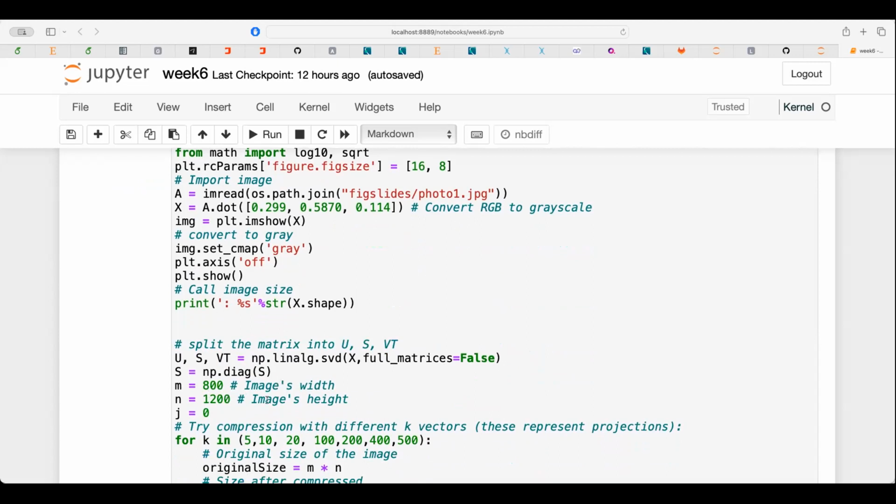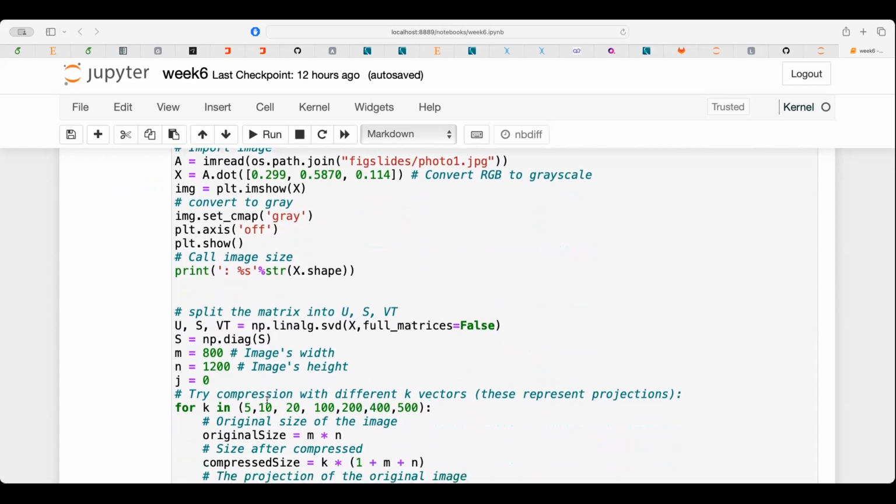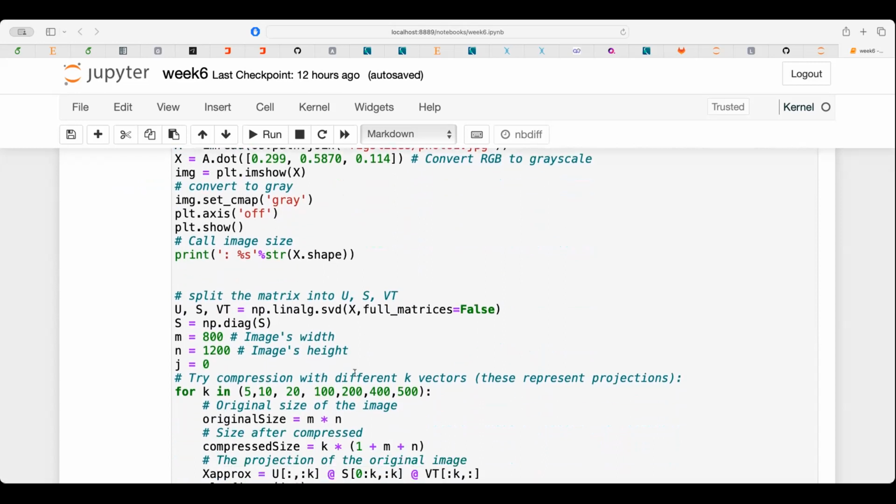That's the width and the height of the image. And then what I'm doing now is to downscale the image. So these K vectors represent the projections you get from the singular value decomposition. So remember that if you have an orthogonal vector, you can always set up a projection operator.